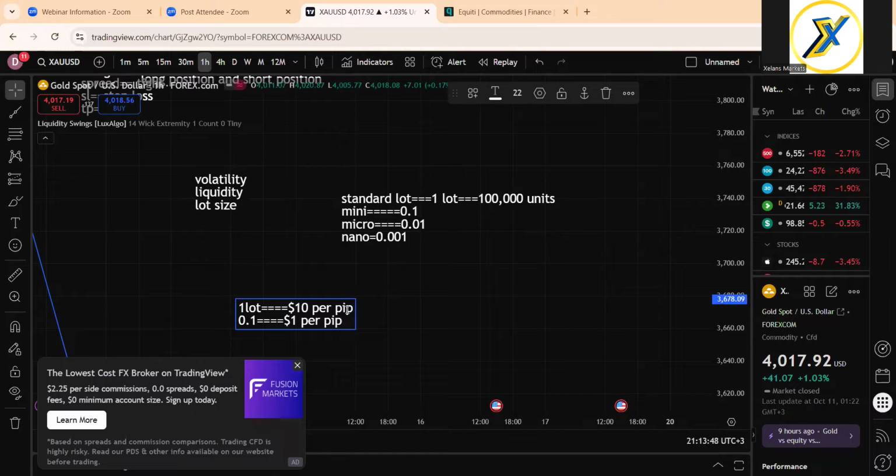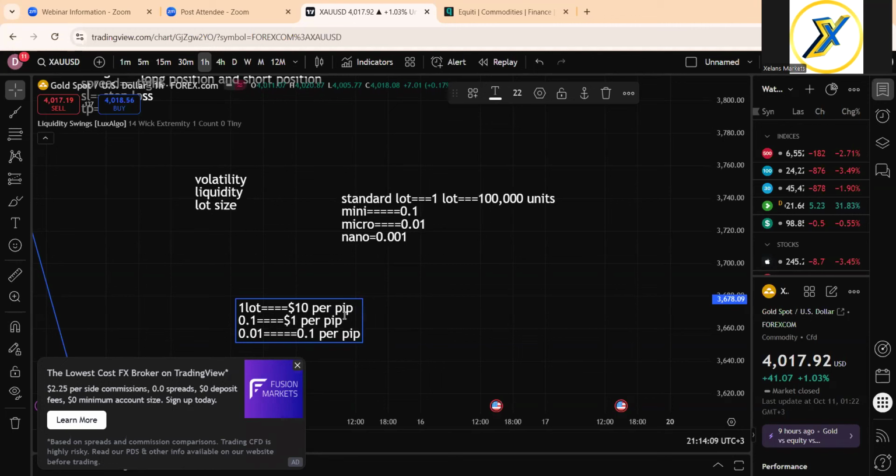I hope you guys are getting what I'm saying, okay? And then if you're using 0.01, it means that you are making or losing 0.1 dollars per pip.